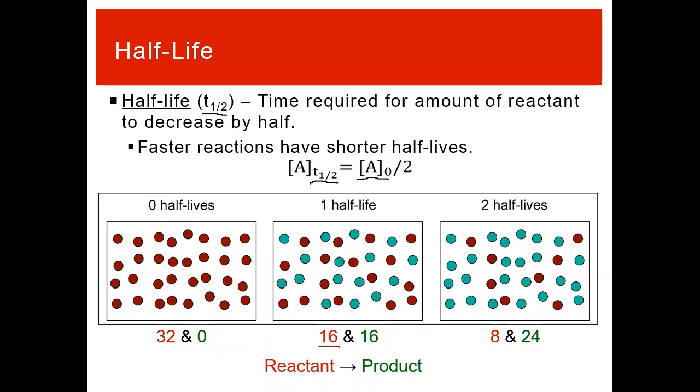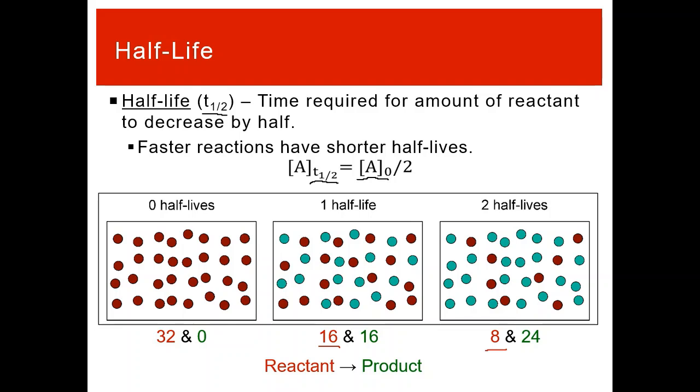We had 16, we lose half of them, so we lose 8, and there are 8 left. It's important to note that a half-life is not describing how much reacts, but a percentage. 50% are gone. If you start with more, 50% will be more of that.